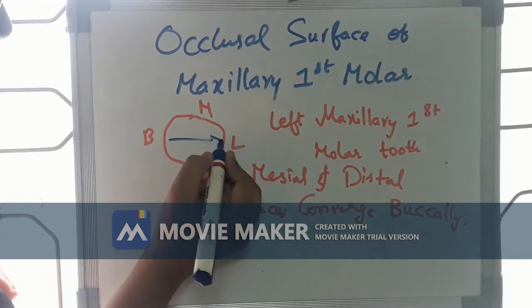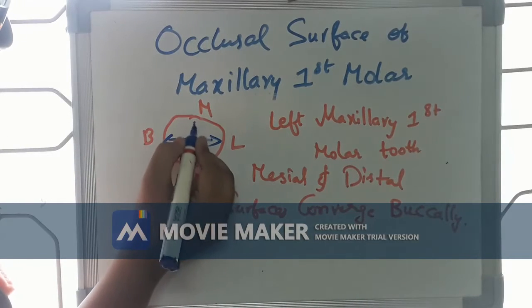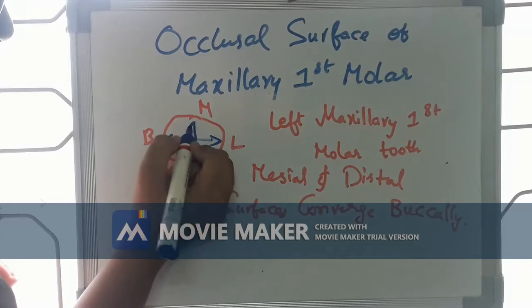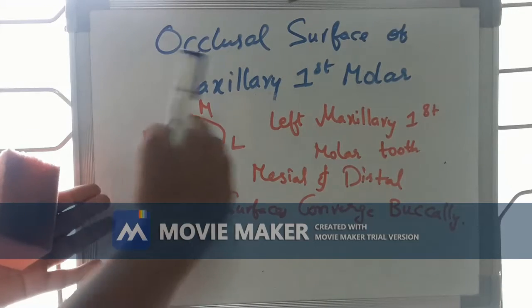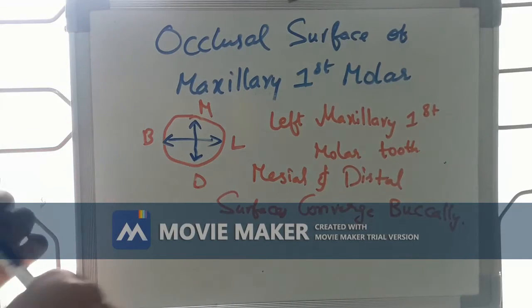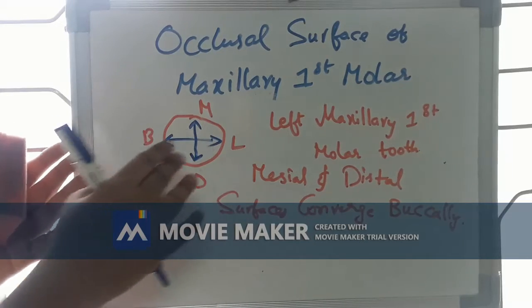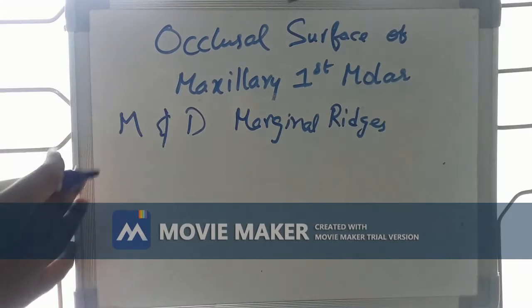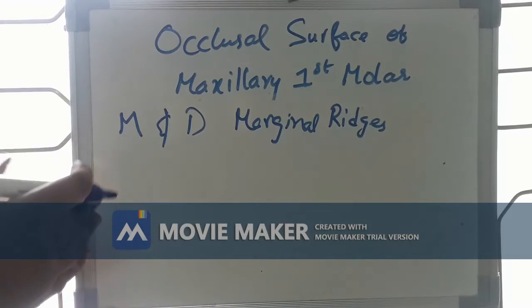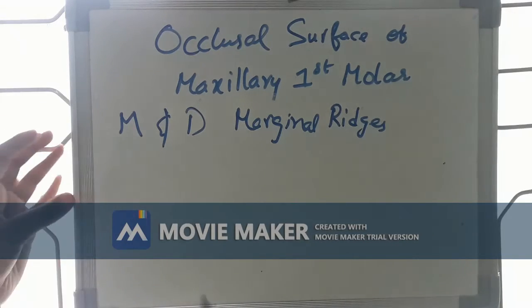So the buccolingual dimension is greater than the mesiodistal dimension. The exact opposite is true for mandibular molars, where the buccolingual dimension is smaller than the mesiodistal dimension.